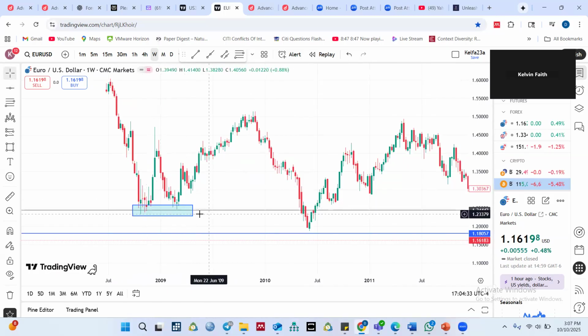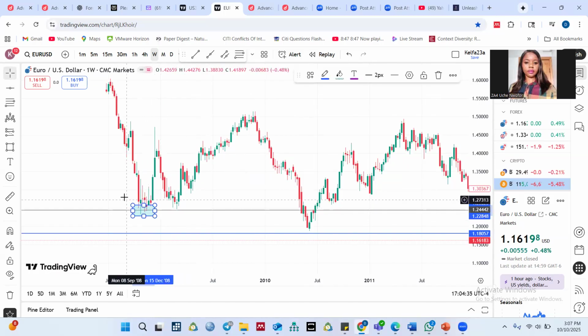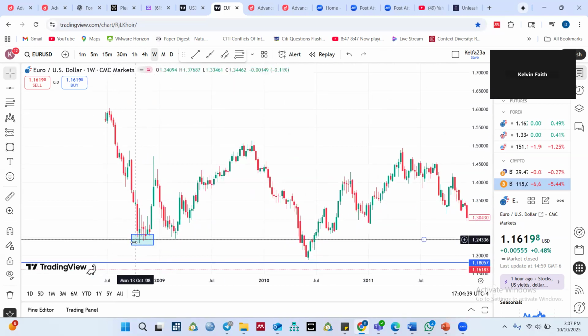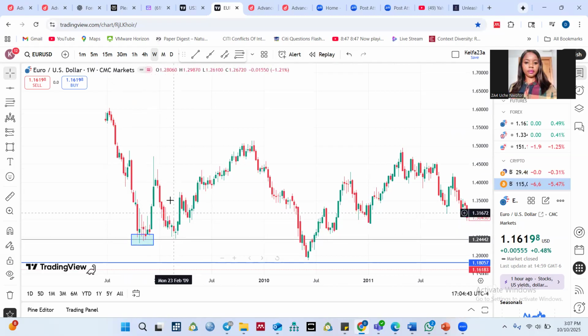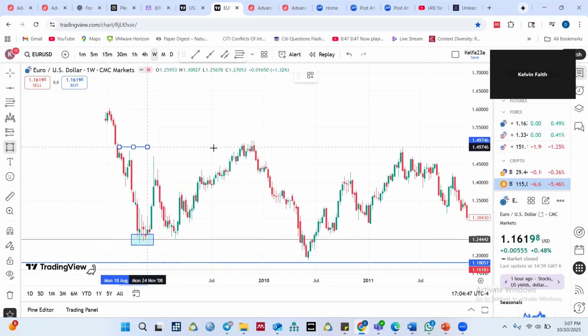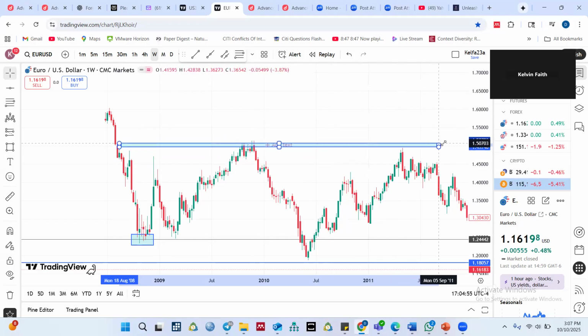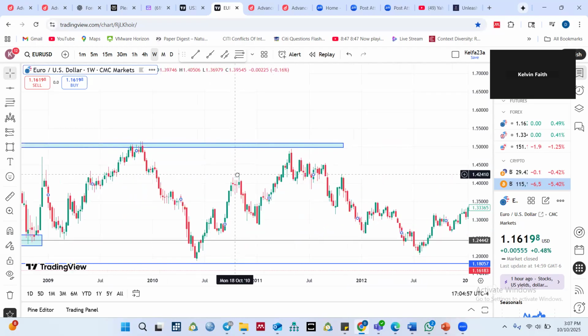You see this place. From up here, that is where price hit first. Then from here it went up and refused to go above this area. It hit here, and since then we have not been able to go above that.